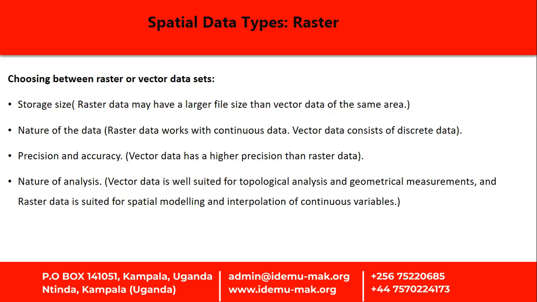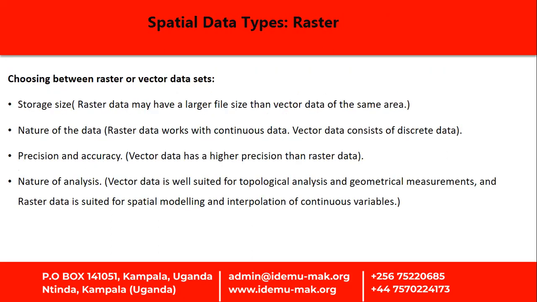If you're looking at precision and accuracy, both have good precision, though vector data is known to have a higher precision compared to raster data. If you're looking at topological analysis or geometrical measurements, you will have to consider using vector data. And if you're going deep into spatial modeling, then you'll have to consider using raster data.